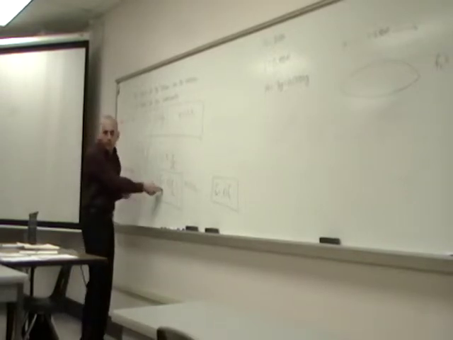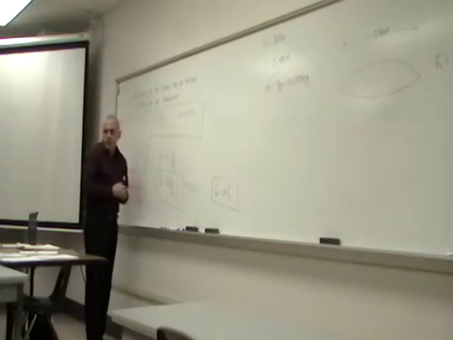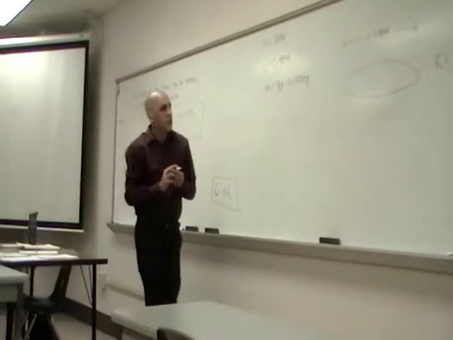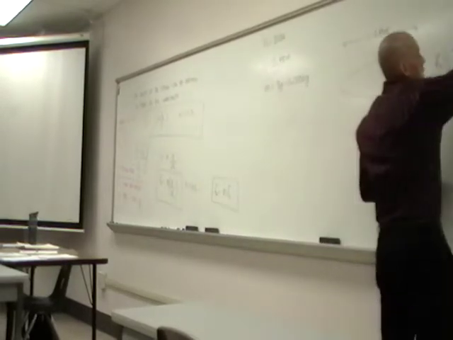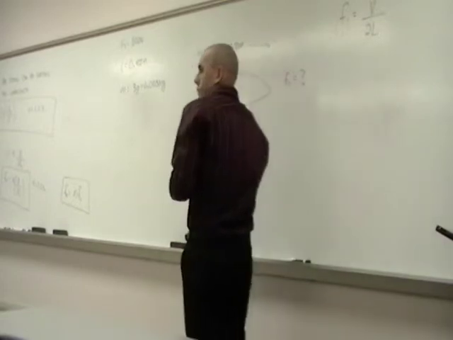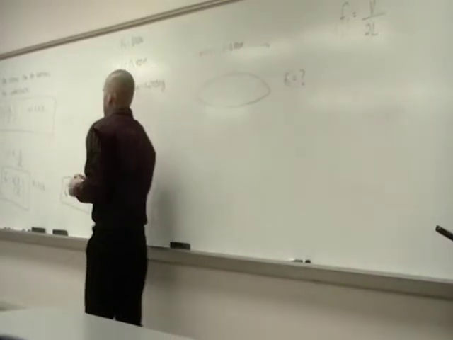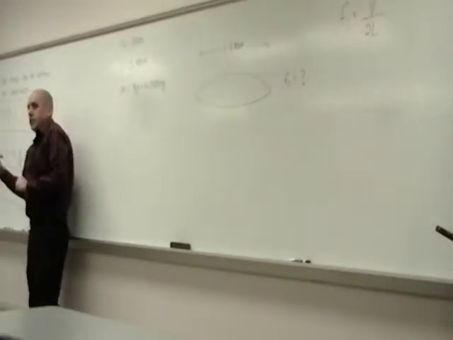If I go here first, F1 would be 1 times V over 2L, right? If I'm looking for the fundamental, the first frequency, F1 would be V over 2L, where I've already plugged the 1 in for the N out in front.